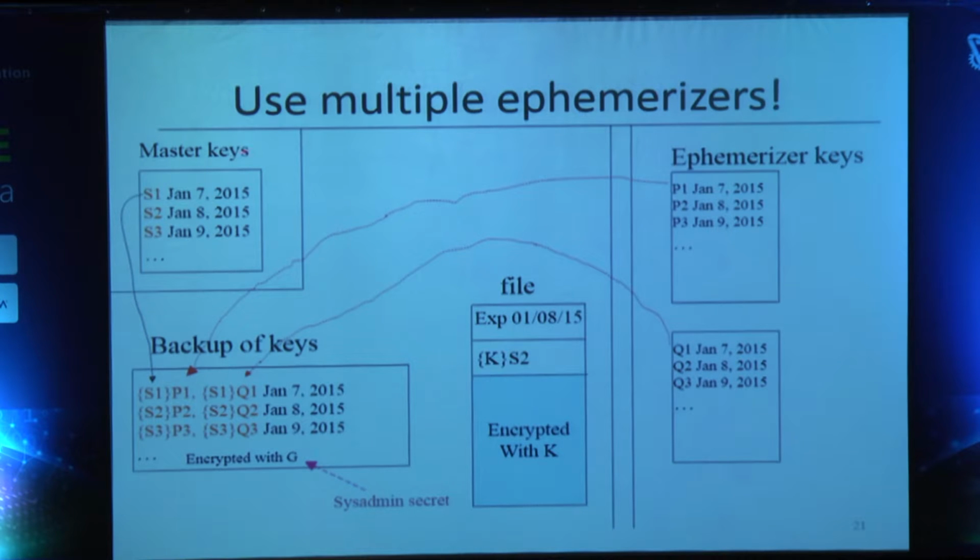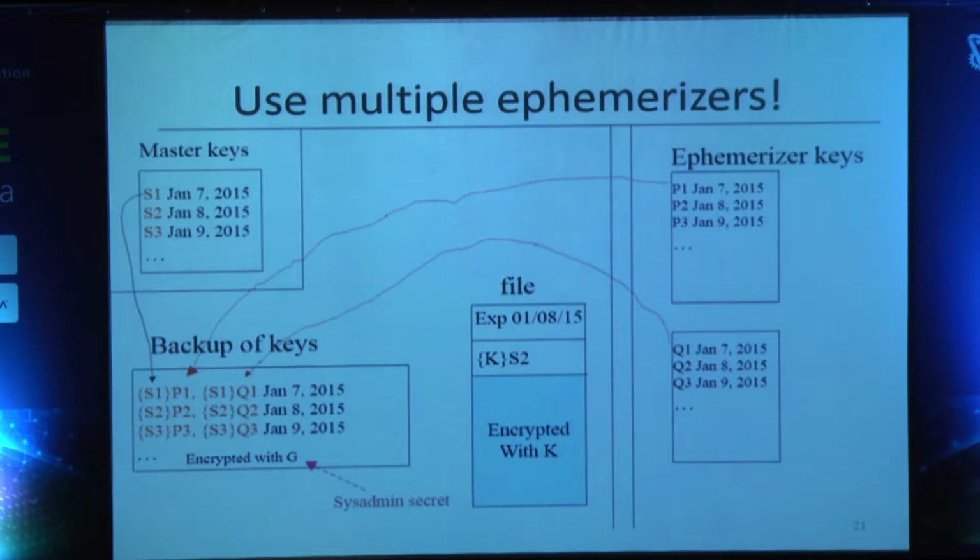When you're making a backup of S1, instead of just encrypting it with one ephemerizer's key, you also store it encrypted with the second ephemerizer's key. So you're taking what was a trivial amount of storage before, which was 10,000 encrypted keys, and multiplying it by 20. And 20 times trivial is still trivial.